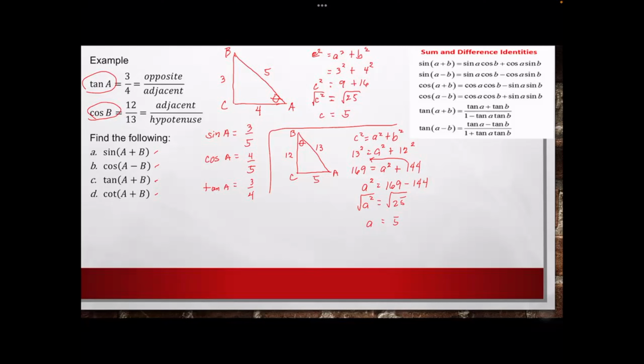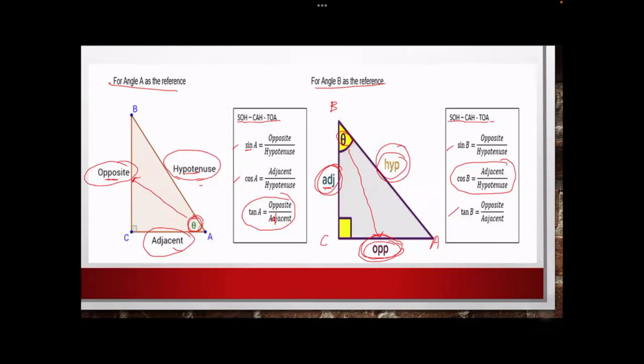Ngayon naman, kukunin natin is the sin B. What is sin B? That is opposite over the hypotenuse. Balik ulit tayo kay triangle ng reference A, reference B. Opposite over the hypotenuse. So therefore, what will be the sin B?